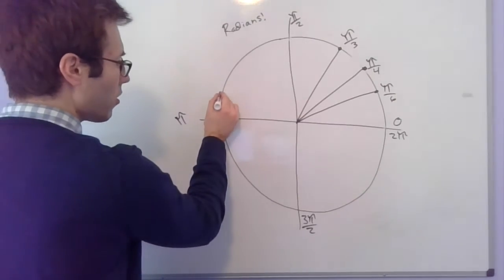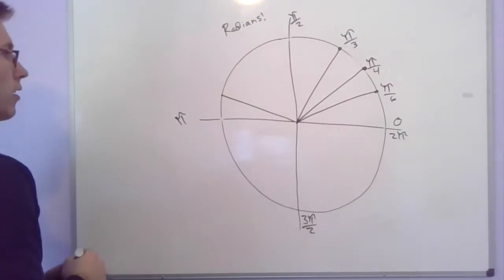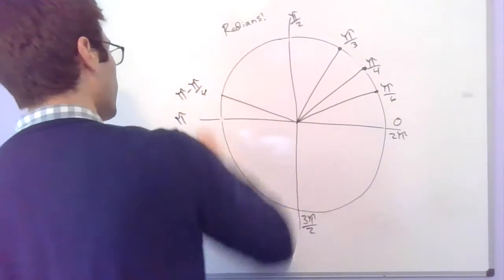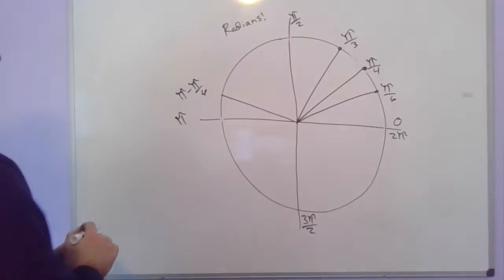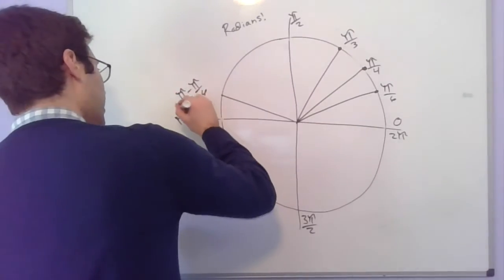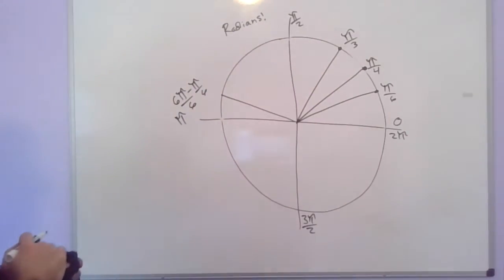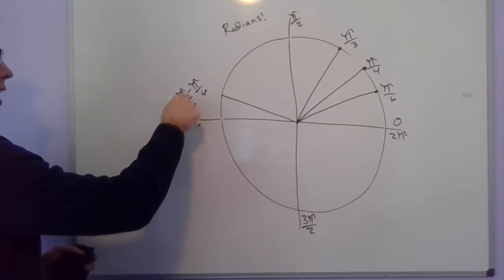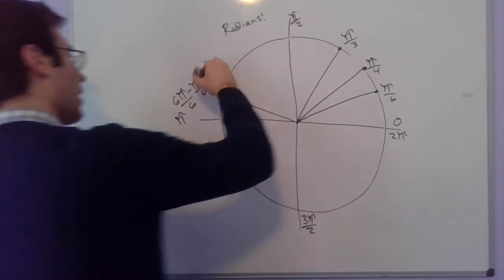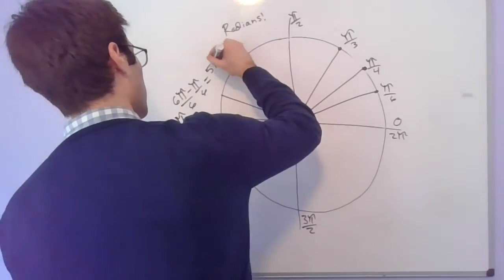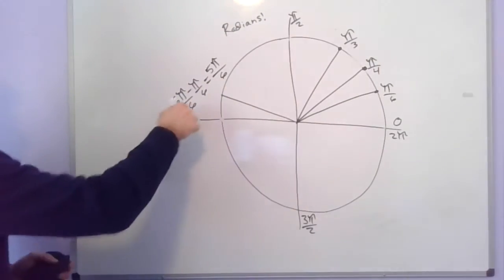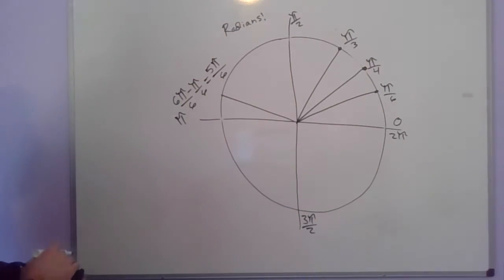So it's pi minus pi over 6. You have a 6 down there, you must have one up top. So 6 pi minus pi is 5 pi. Denominator is the same, so it must be 6. So this value right here is 5 pi over 6.